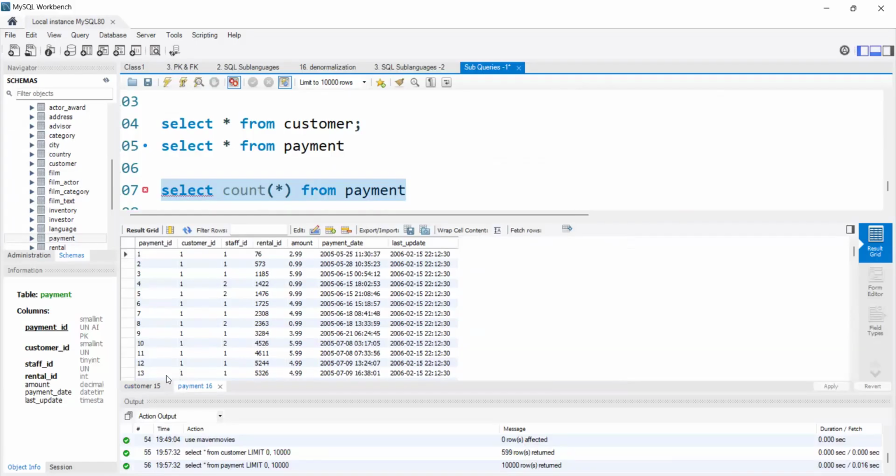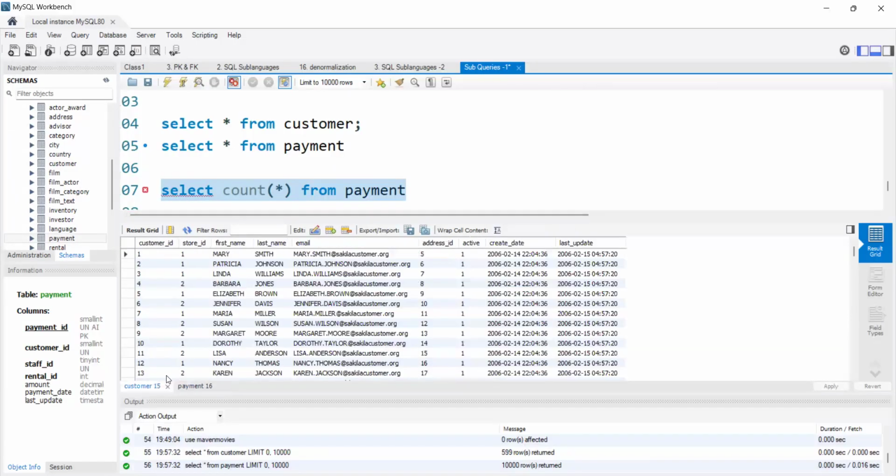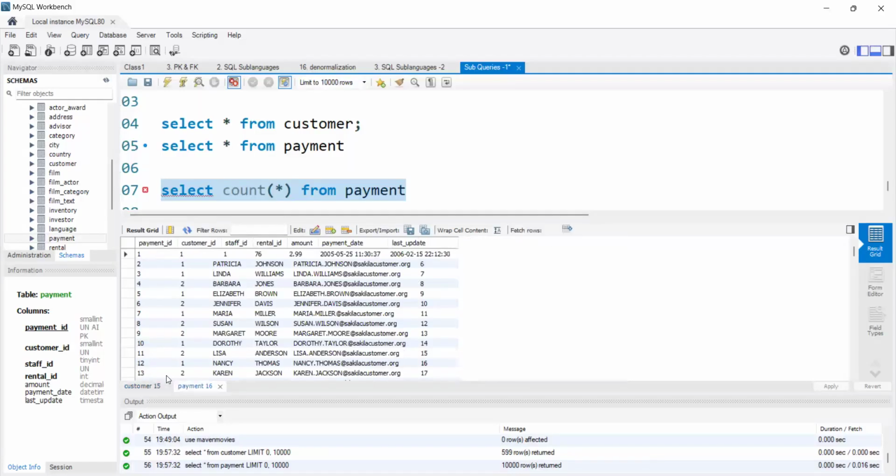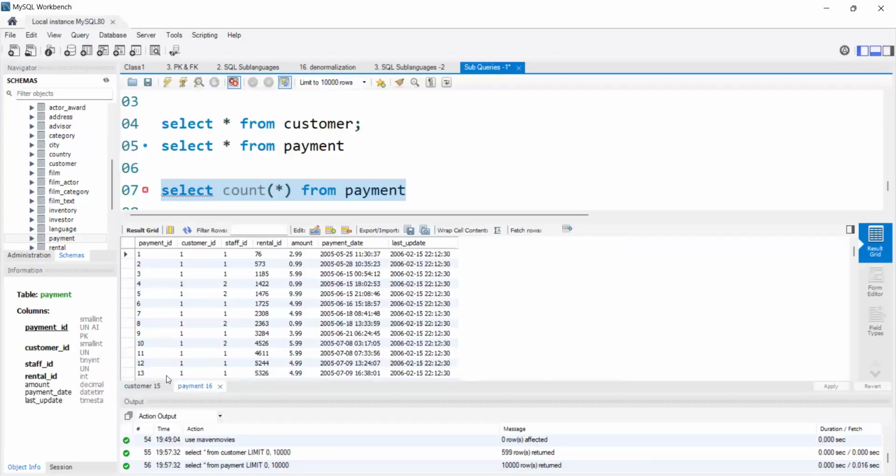I'm saying I want to find which customer made more than 30 payments. So if you observe the data in the payment table, for each and every transaction we have given one payment id, correct? Going forward, we have almost 10,000 rows here, correct?